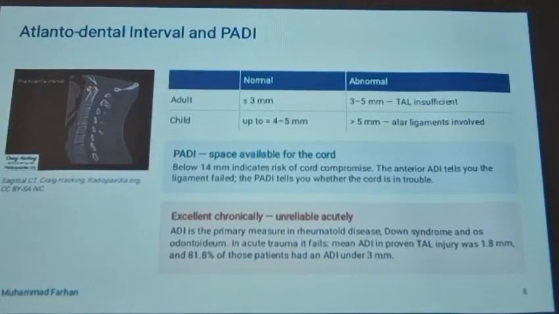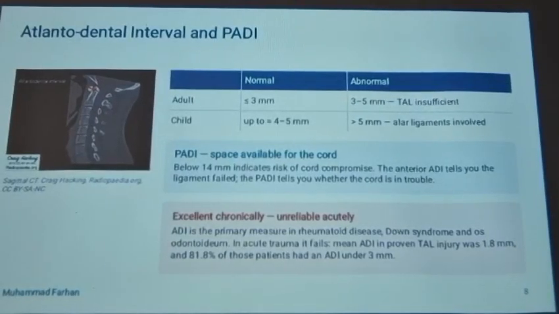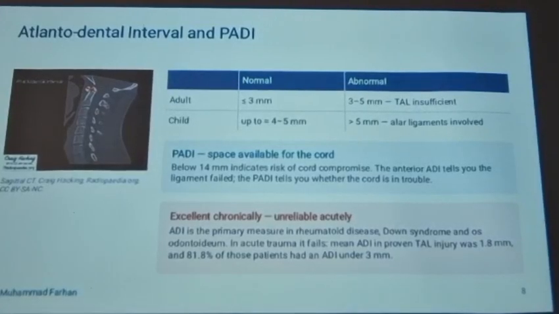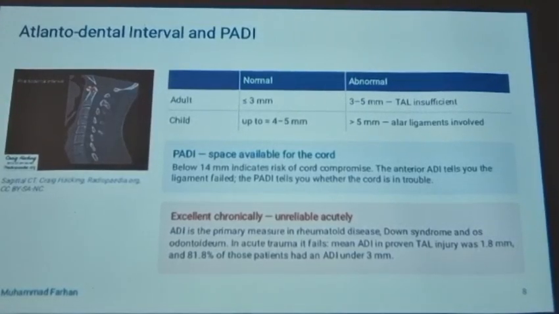The second investigation is the CT cervical spine lateral view or the X-ray cervical spine lateral view, which can tell us about the atlantodental interval. This is another modality through which we can get an idea about the stability of the transverse atlantal ligament.